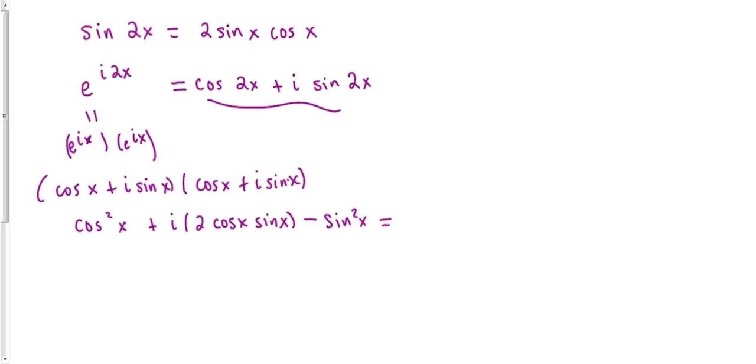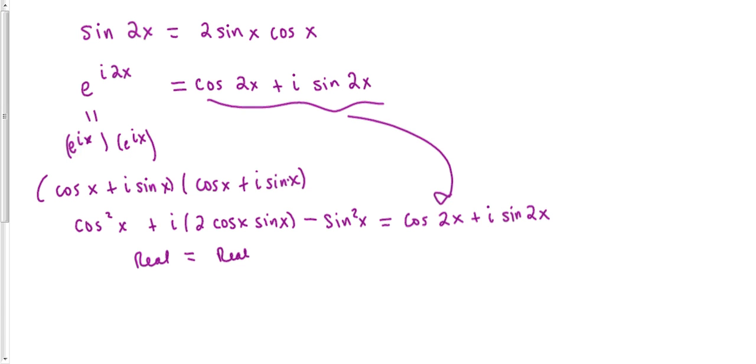Now that has to be equal to my expression from up here, which is cosine 2x plus i sine 2x. And you know that the real parts have to be equal to the real parts. So if I say the real parts of the left-hand side have to be equal to the real parts of the right-hand side, then I'm going to have cosine squared x minus sine squared x is going to be equal to cosine 2x, one of those that I can never remember.